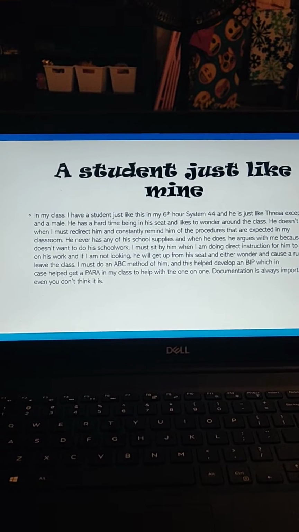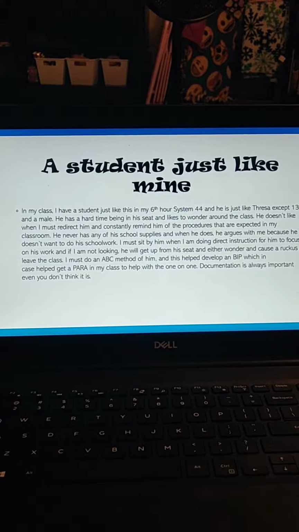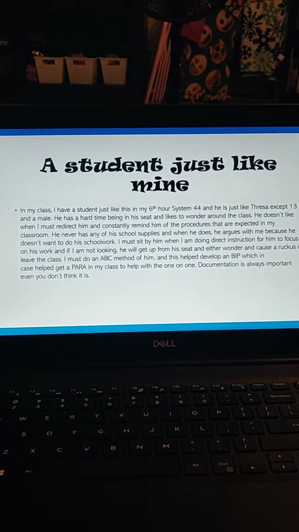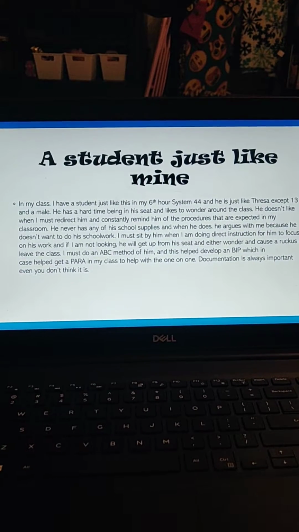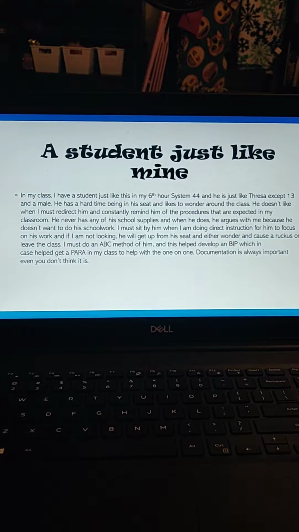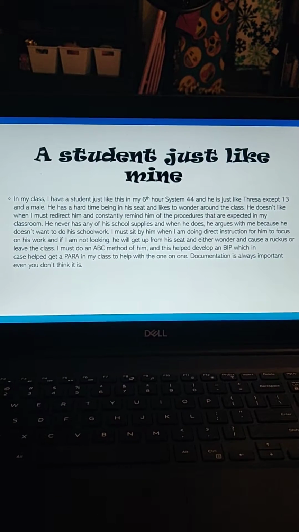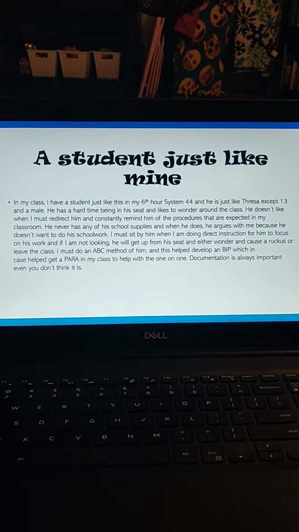So I think that wanting to build that relationship with other students is great. But had we not had this documentation, had we not had this intervention, had we not had this plan, had there not been consequences, he would not have had this relationship with this other student.